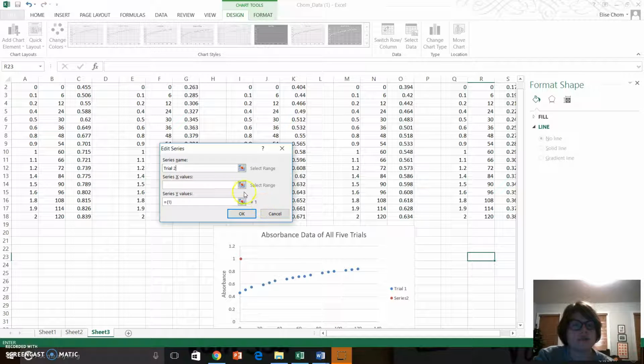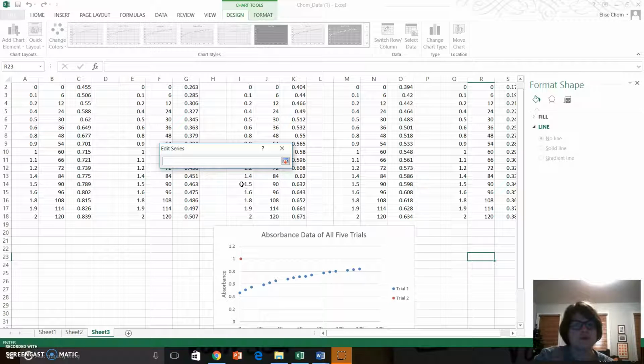So my X values, my time data, I'm going to click this button here. See how it's kind of minimized? I'm going to come over to trial 2 and take my time, and I'm holding down the left mouse key and just highlighting.